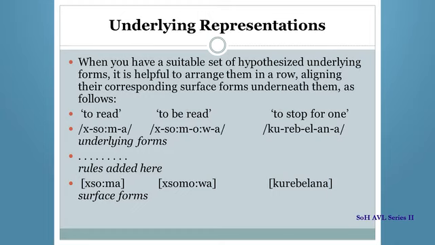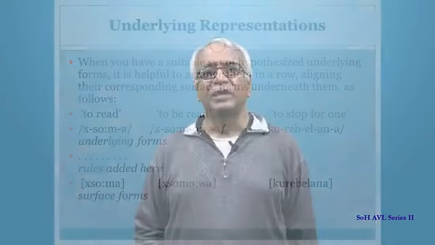To be read, zosomoa. To stop for, kurebelana. Rules added: zosoma, zosomoa, kurebelana. It is then a matter of coming up with a rule system that will derive the bottom row from the top.